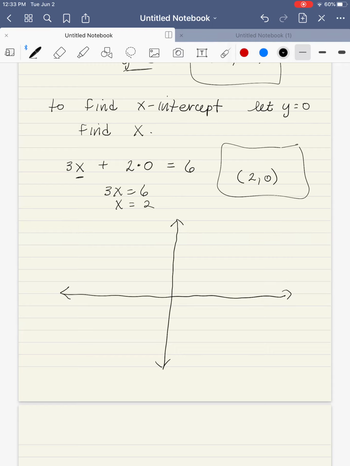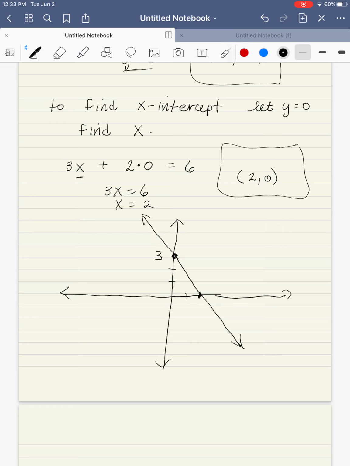So I can plot those 2 points, (2, 0) and (0, 3), and I can draw my line.